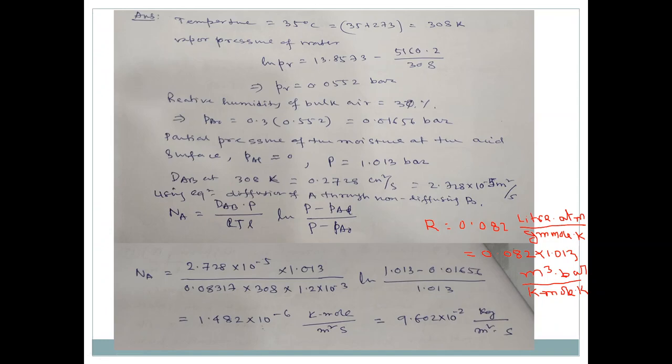So what is important is your problem: when a problem is given to you, you have to identify whether it falls under diffusion of A through non-diffusing B or counter diffusion. Accordingly, for that you have to see what is happening at the interface.